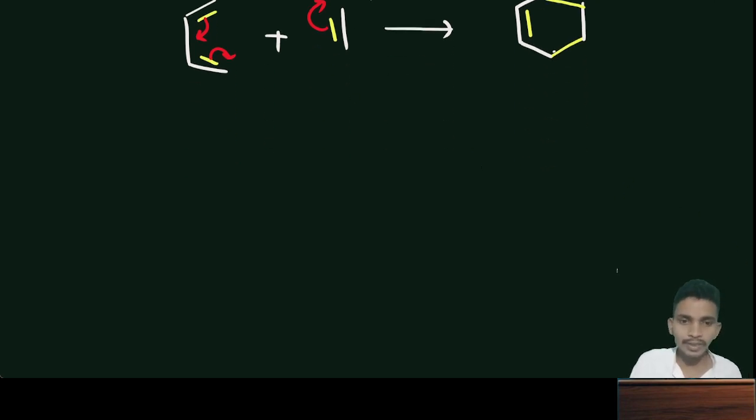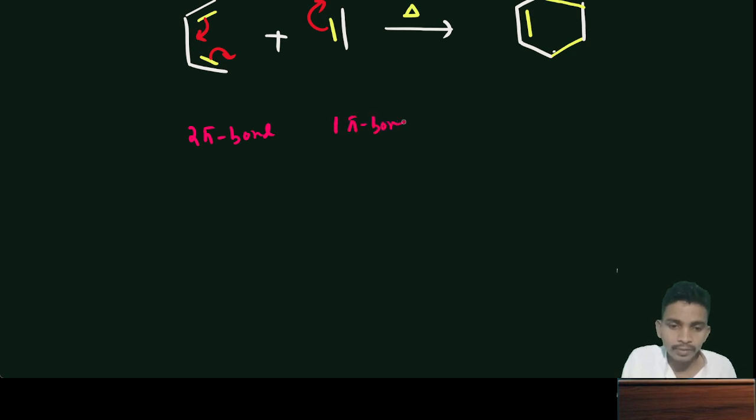So from here we see that if we give a little heat, then this happens. Now this is a pi bond. How many pi bonds are there here? Two pi bonds. How many here? One pi bond.